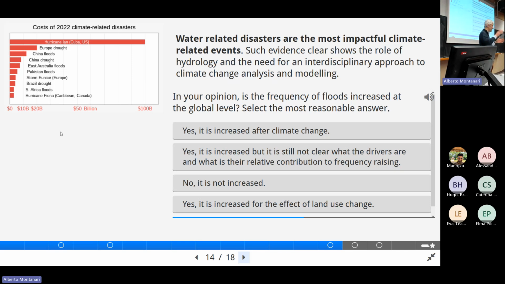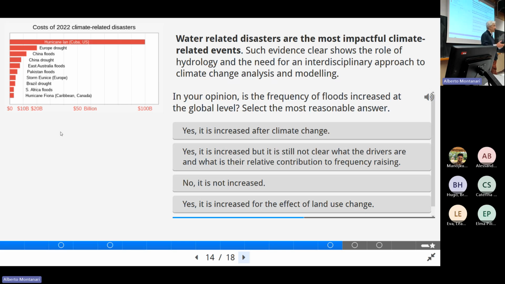If we look at the flood damages, there is a clear increase in time. And so you may conclude that if the damage is increased, it means that the number of floods is increased. But actually, the damage is also increased because it is the value of the flooded areas that is increased, what we call exposure in technical terms.